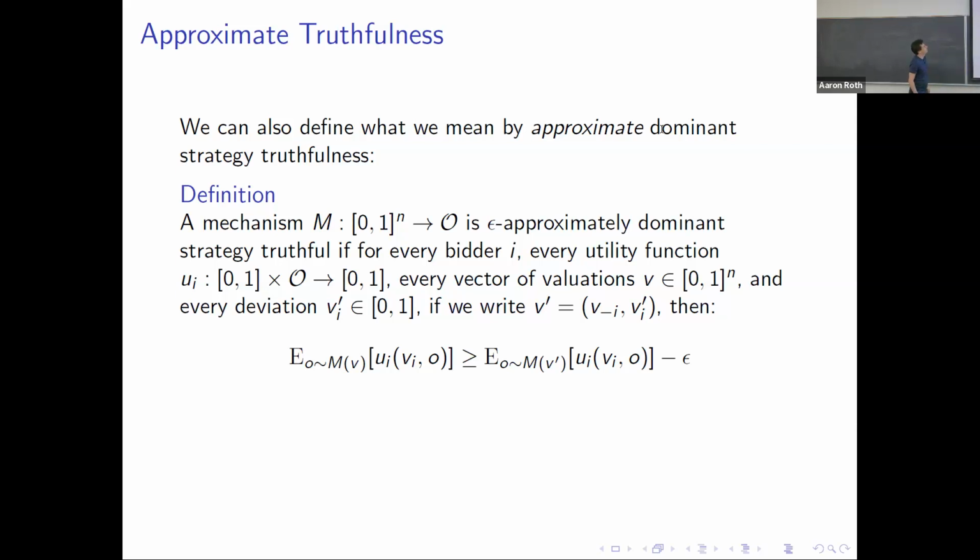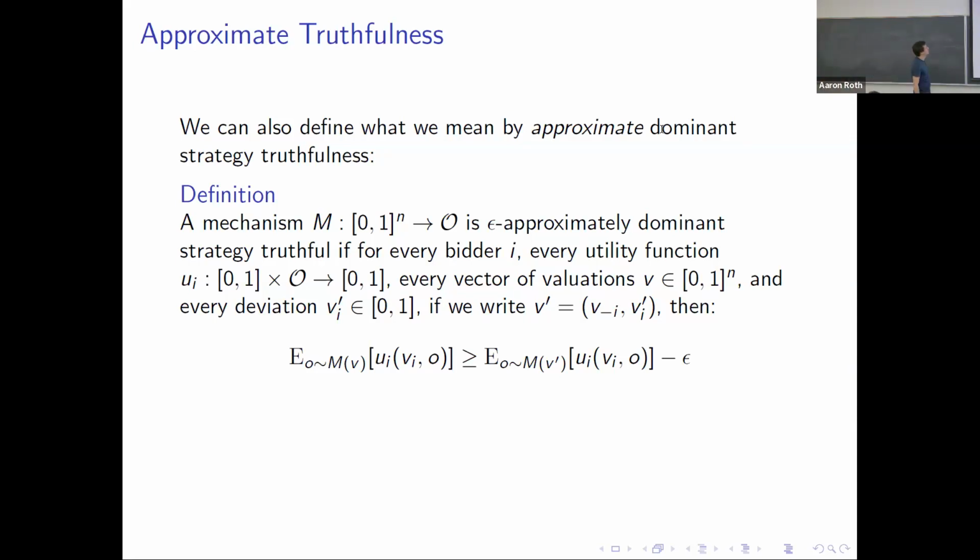Now, people might have, in general, preferences over the outcome. For example, I have a utility function that depends on how much I value the item being sold. That's my own private secret. It also depends on the price that the item ends up being sold for, because that determines whether I can buy it and what my utility is if I have the opportunity to buy it.